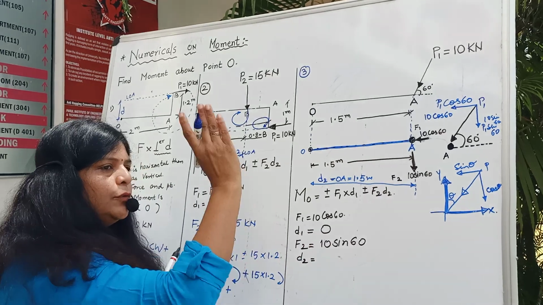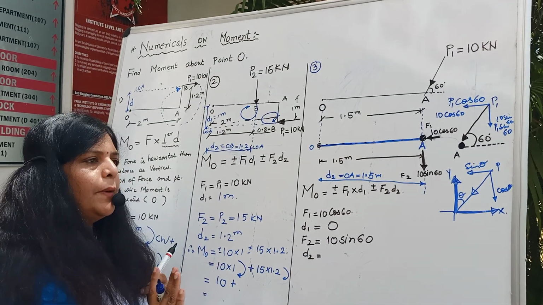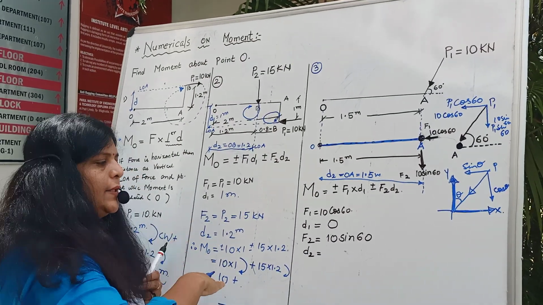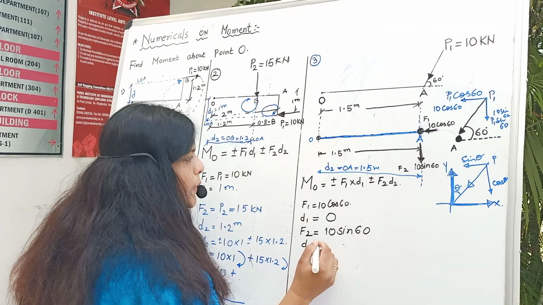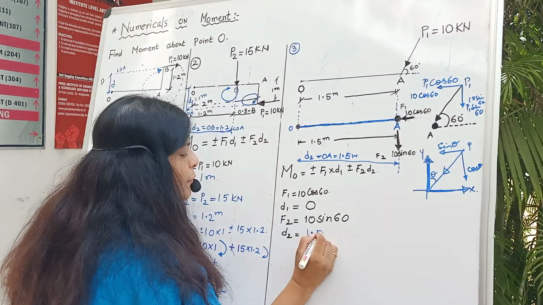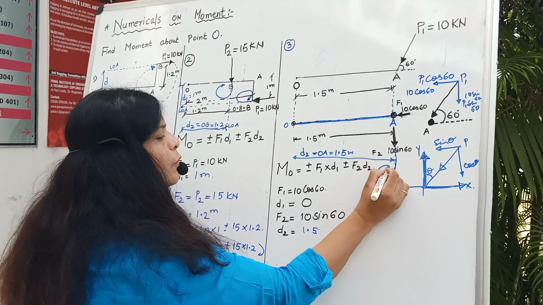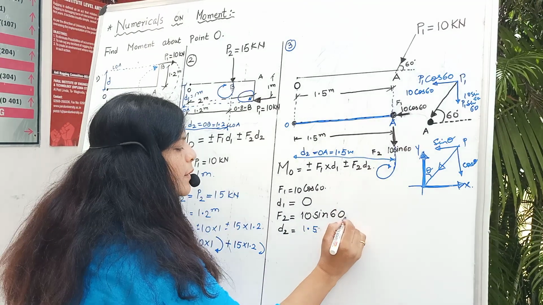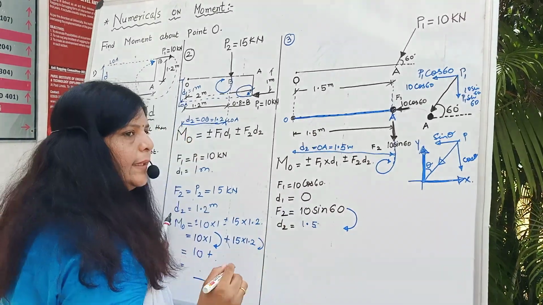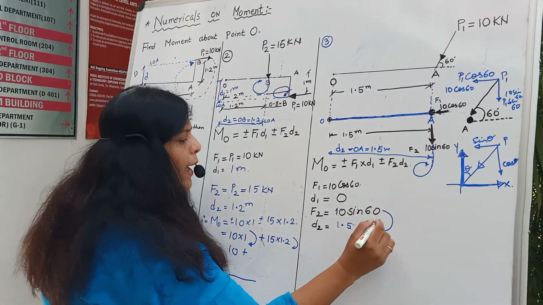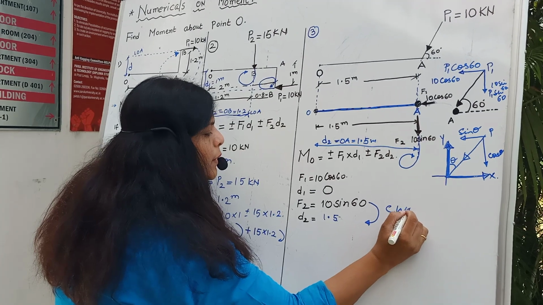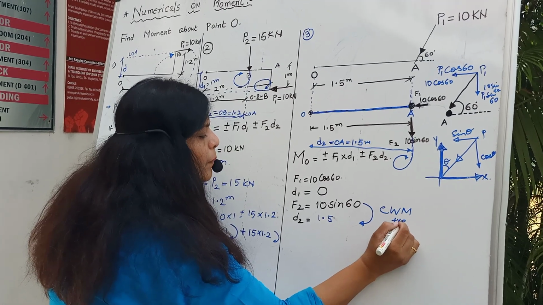Why? Because the force is vertical. So perpendicular distance will be horizontal. Okay. So D2 is equal to 1.5. How will it try to rotate? It will try to rotate in a clockwise manner. So it will be considered as clockwise and clockwise movement is considered as positive.